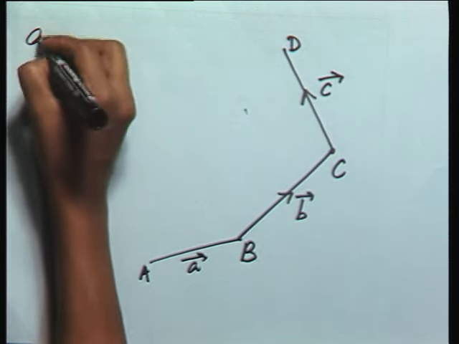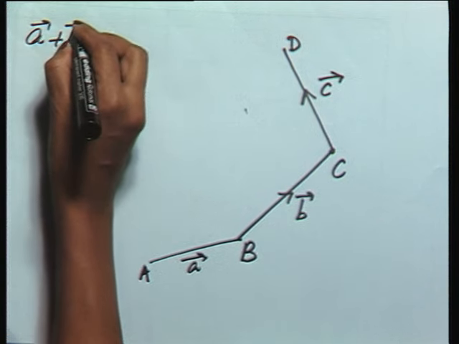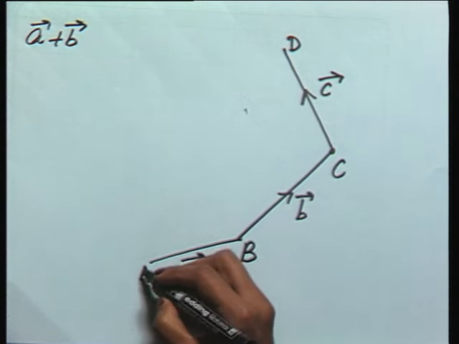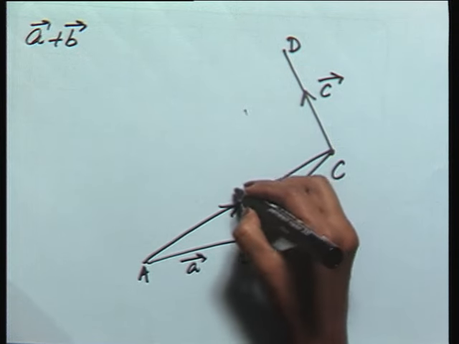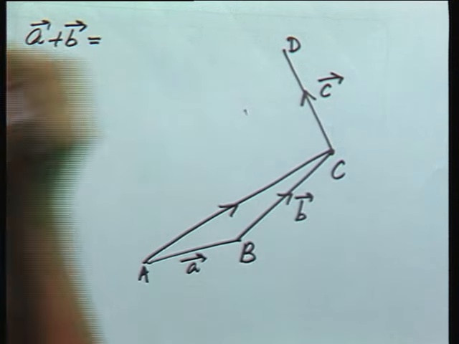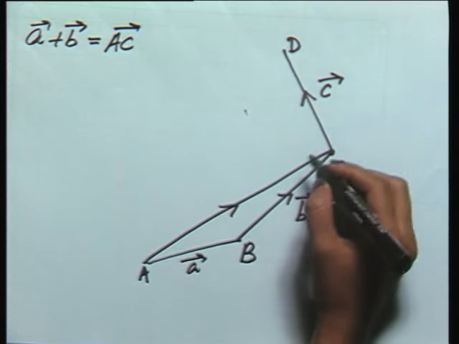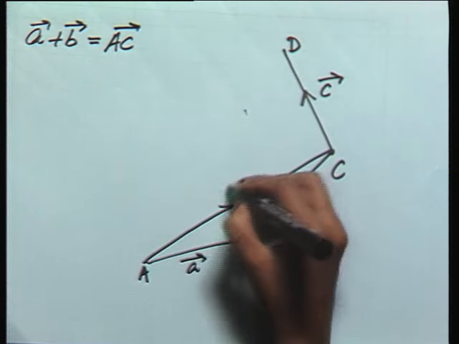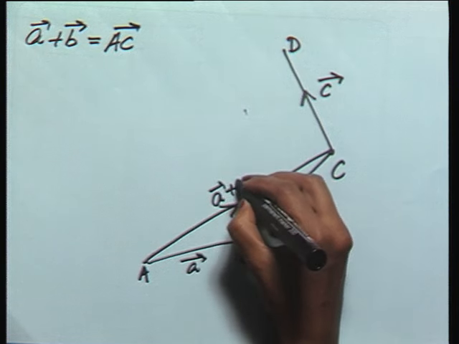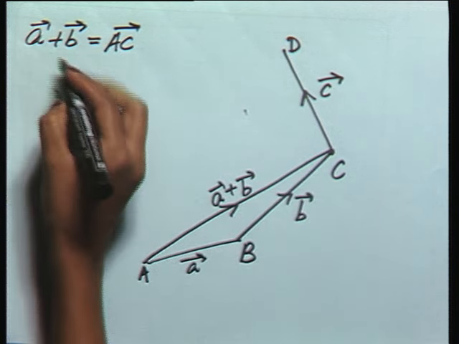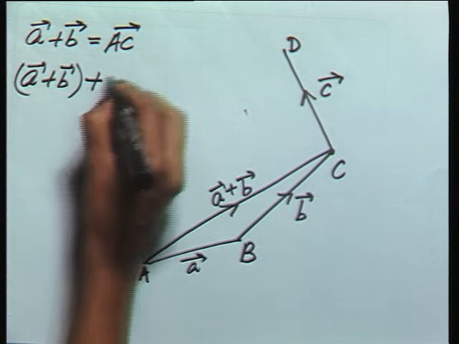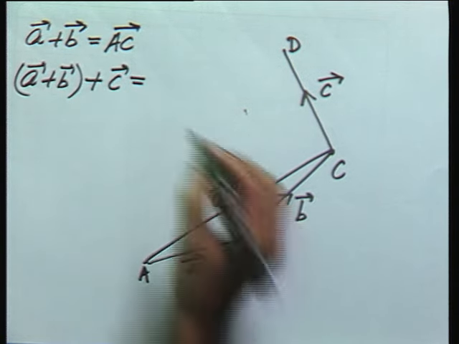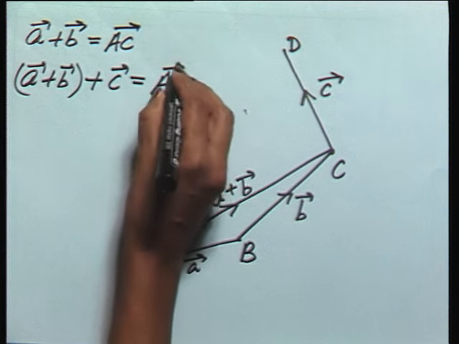The vector A plus B is given by AC according to the triangle law. And again using the triangle law, the vector A plus B plus C is given by the vector AD.